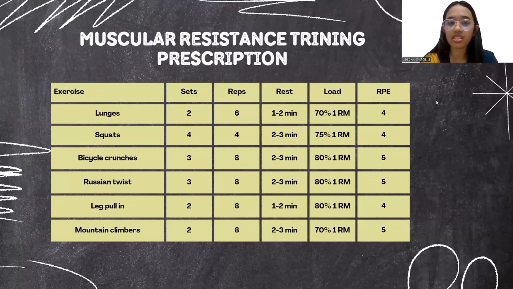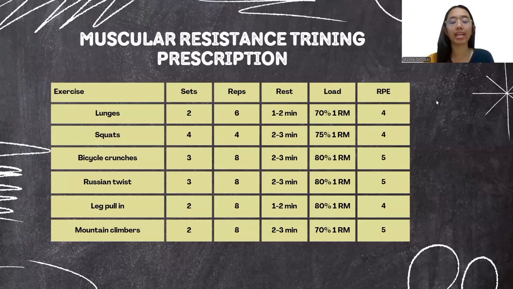For the Russian twist, there will be 3 sets and 8 repetitions with a rest of 2 to 3 minutes per set. For leg pull in, we have 2 sets, 8 repetitions, and a rest of 1 to 2 minutes per set. For mountain climbers, I will have 2 sets and 8 repetitions with a rest of 2 to 3 minutes per set.